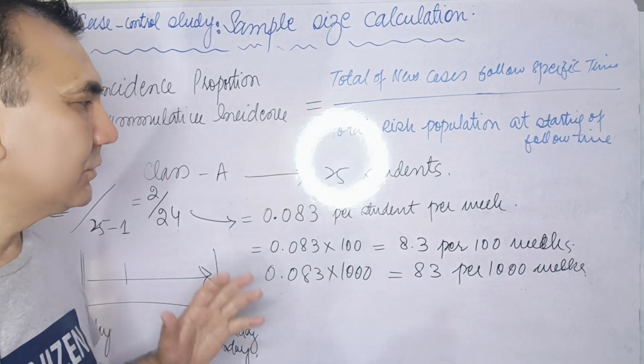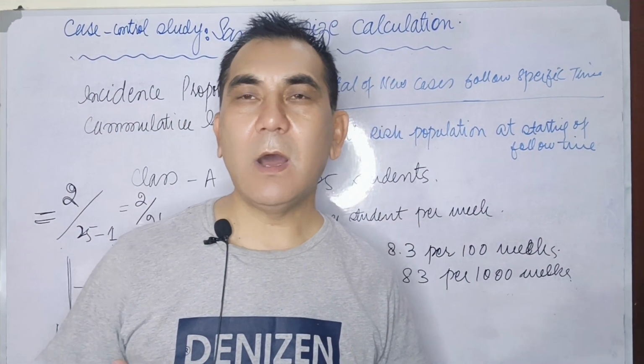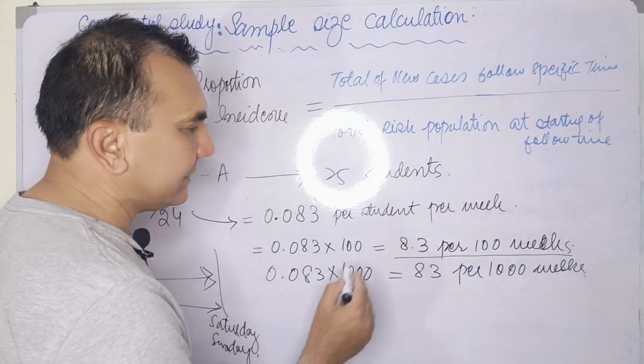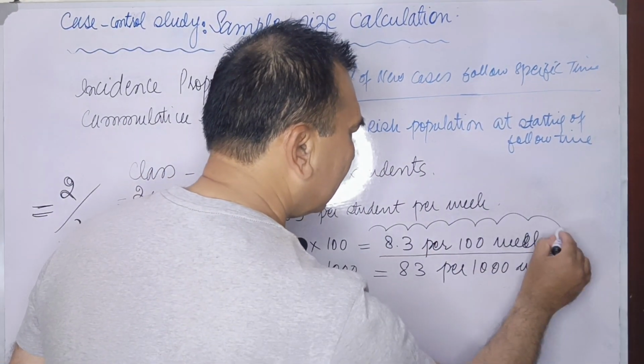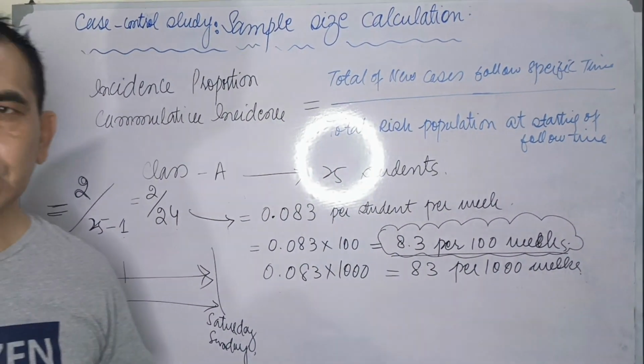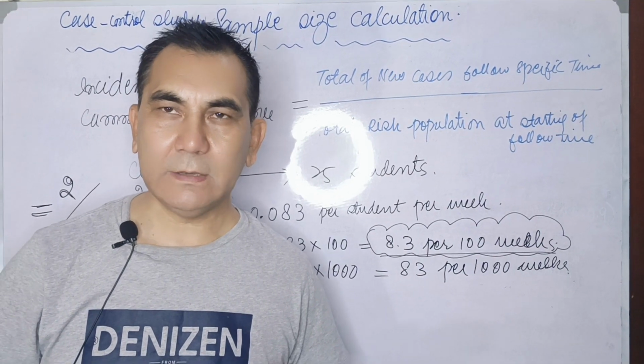So this 8.3 per 100 weeks is the cumulative incidence, or you can say incidence proportions.